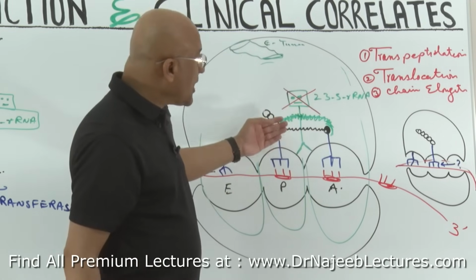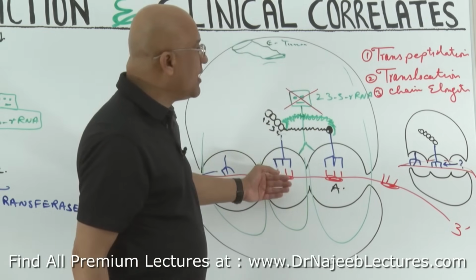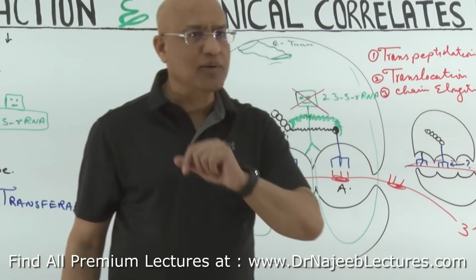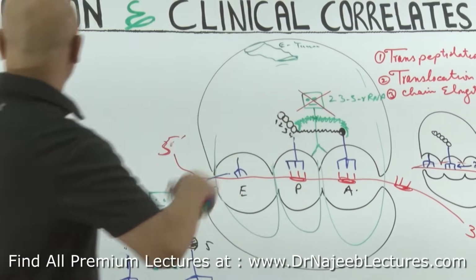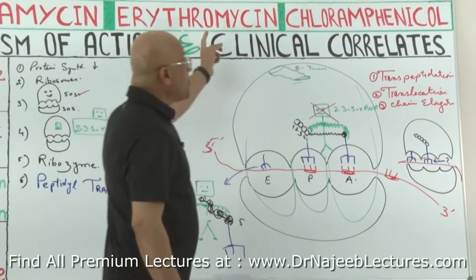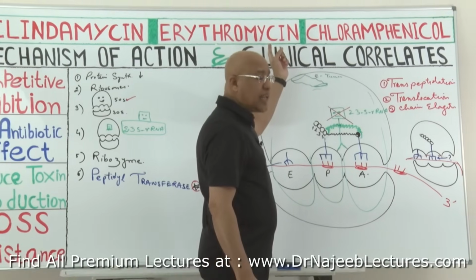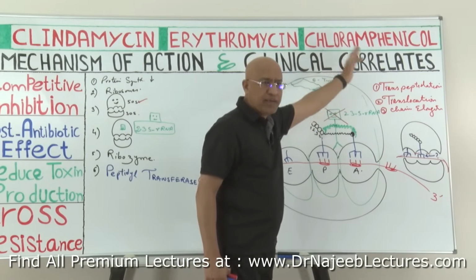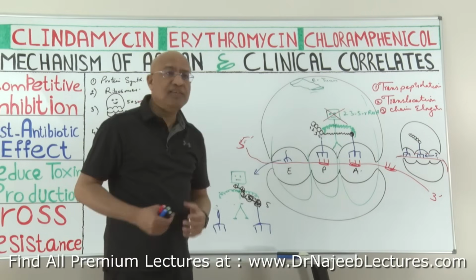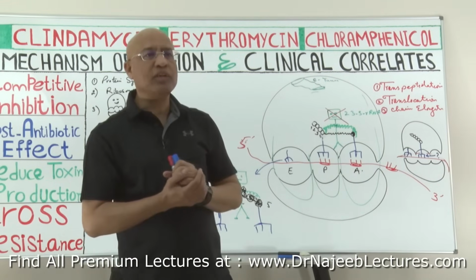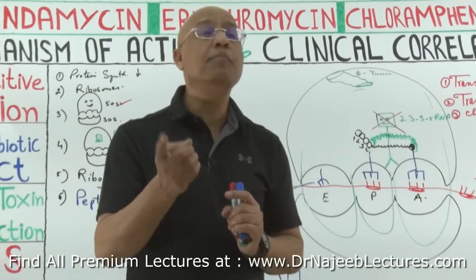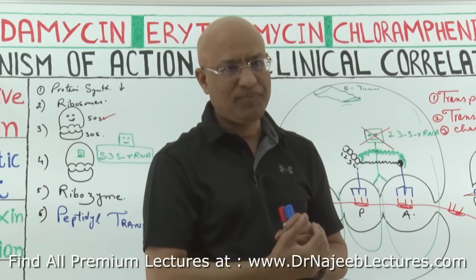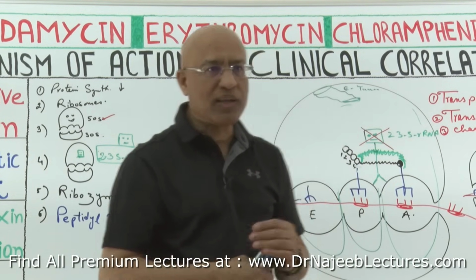When transpeptidation and translocation fail, the chain will not be elongated. So a very good doctor will say that all these drugs, clindamycin, macrolides like erythromycin, clarithromycin, azithromycin and chloramphenicol, which is not a macrolide, all these drugs basically inhibit protein synthesis by inhibiting the early chain elongation process. All these drugs, what are they doing?